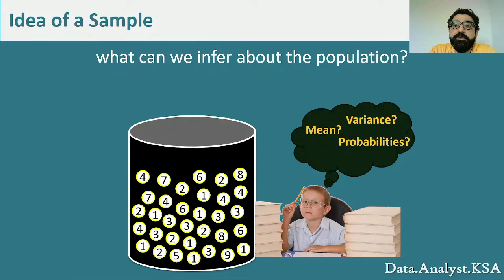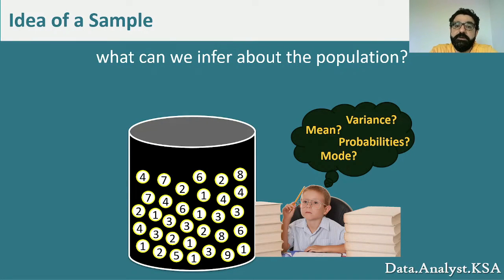And more importantly, what are the probabilities of, for example, children being as tall as such or as short as such given that sample? And what is the mode? What is the value that we see repeating the most? Things like this are the things we are trying to infer from a sample about the full population.